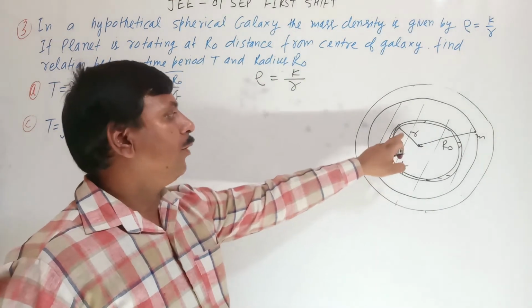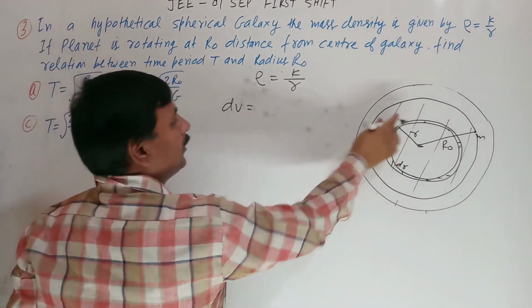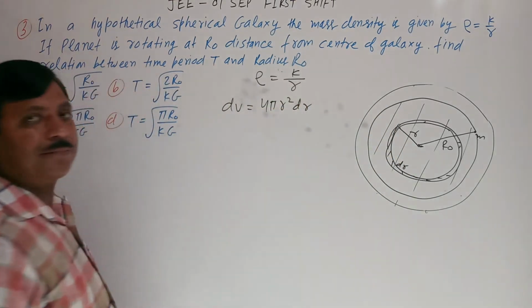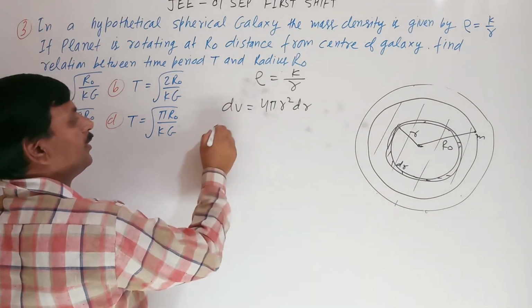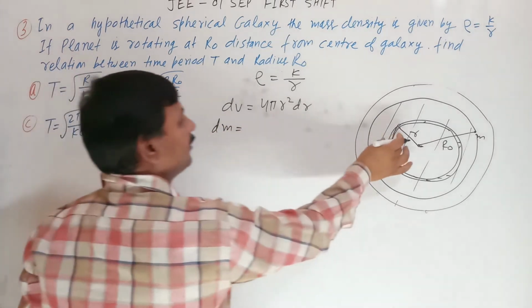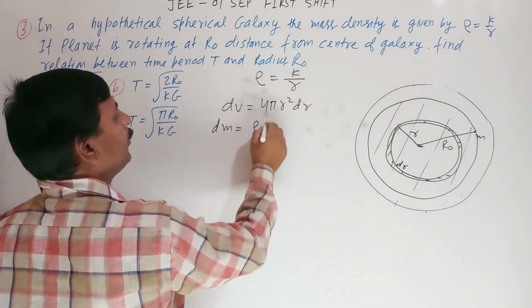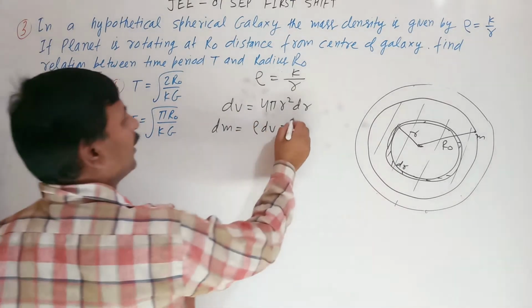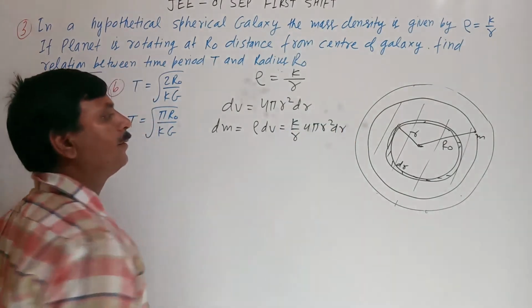So the volume of this dr element: dV is equal to area 4 pi r square dr. So what will be the mass of this dr element at distance r? So dm is equal to rho into dV, density into volume, so that is k upon r times 4 pi r square dr.